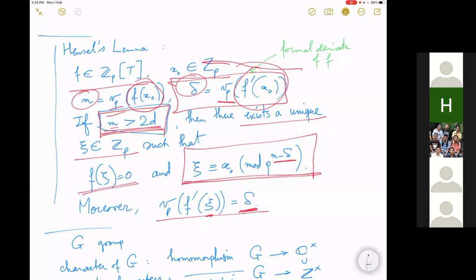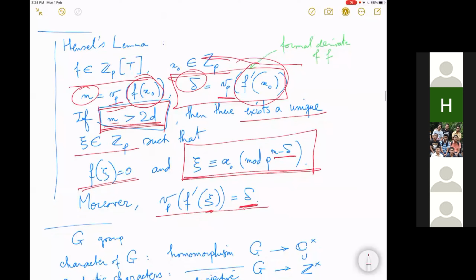Okay, so that's an important thing. We'll use it a number of times to determine what are the squares in Q_p and what are the roots of unity in Q_p and so on. For various things, you will need this lemma.